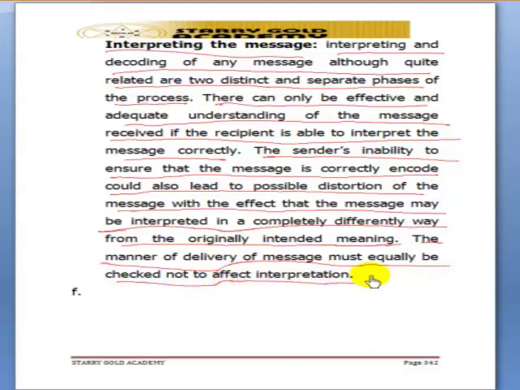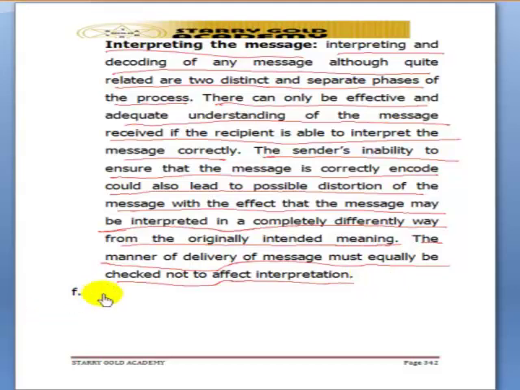So majorly interpretation depends on the encoding of the message. If the message is properly encoded, then definitely interpretation is going to be easier for the receiver of the message.